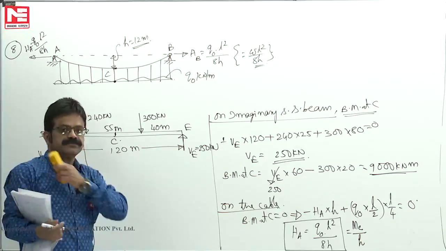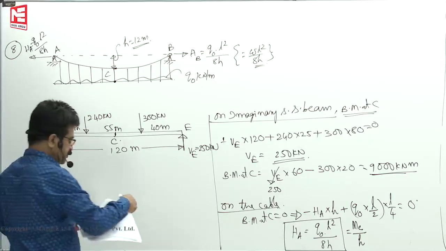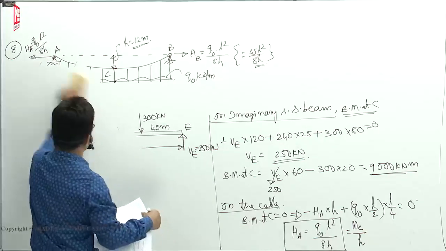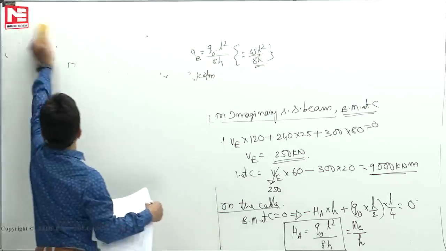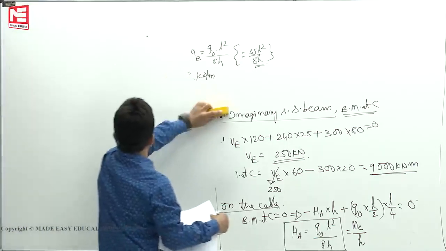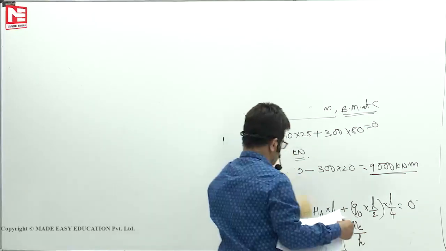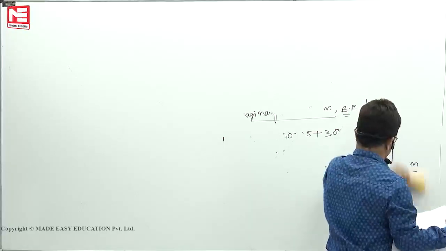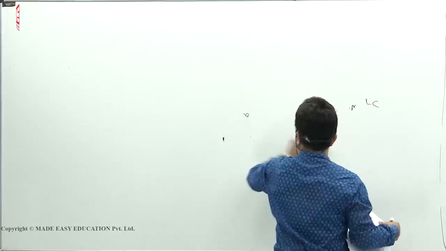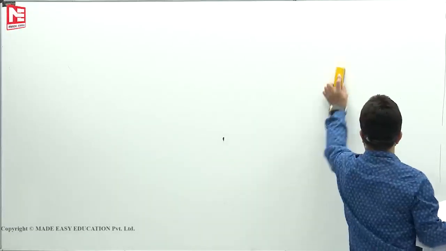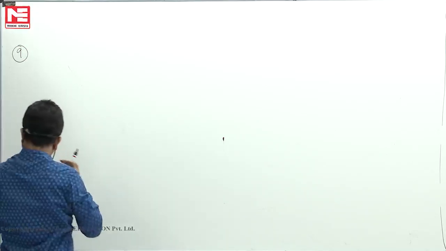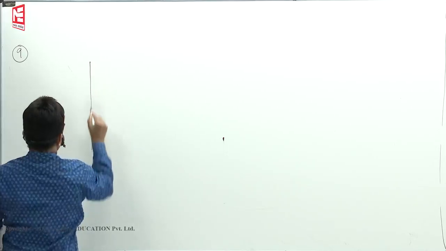Now let us see the 9th question. Okay. A pole AC, we have a pole here.